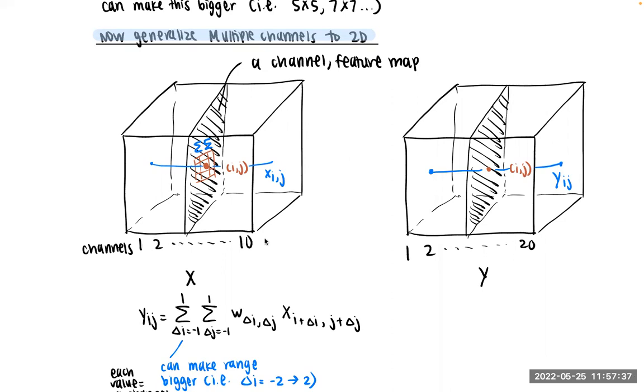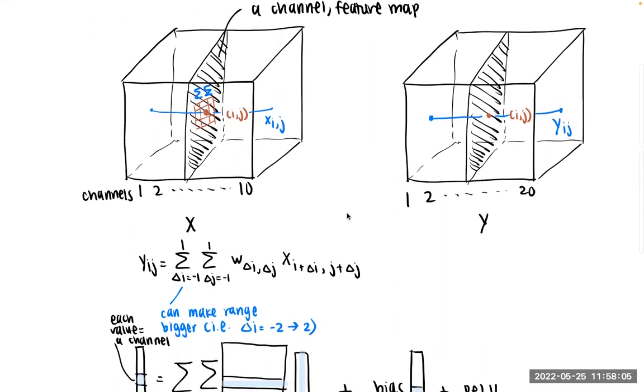Because we have 10 channels in X, at each ij, xij consists of the features at these 10 channels. So this is a 10-dimensional vector. And for yij, we have 20 channels. So this is a 20-dimensional vector. Okay. And how is this vector computed?